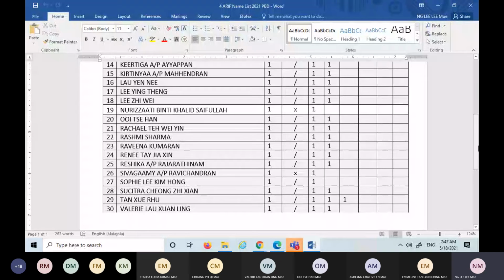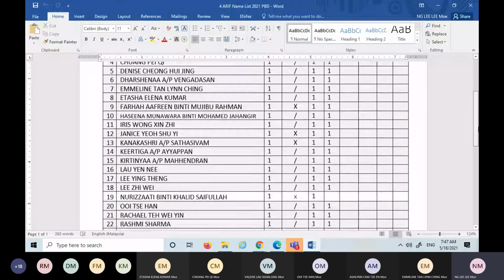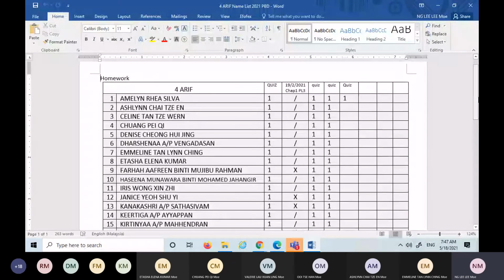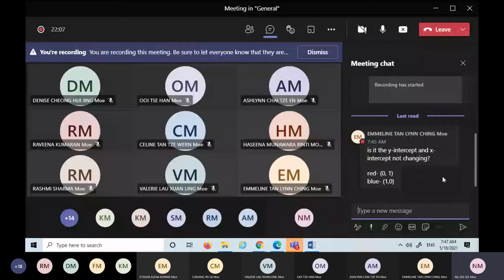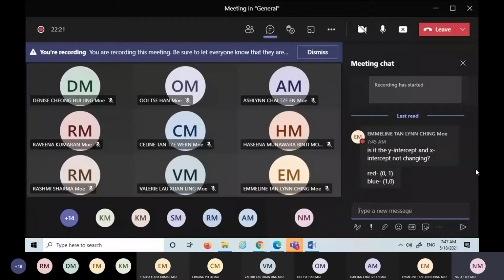Same thing, Siwa, Sophie Lee, and if not, anyone here? Not Emmeline. Who, Emily? Emmeline. Your names look the same.